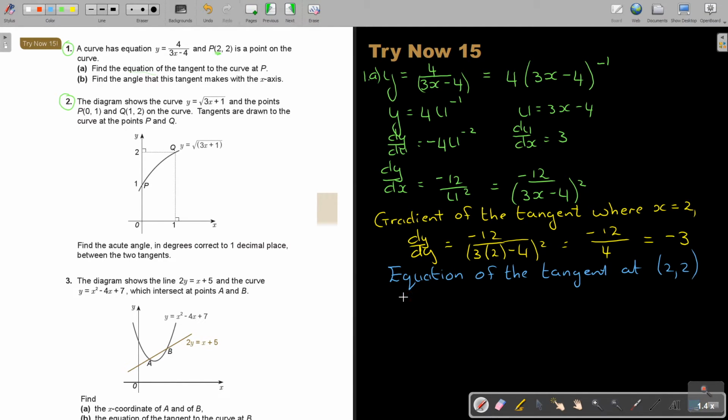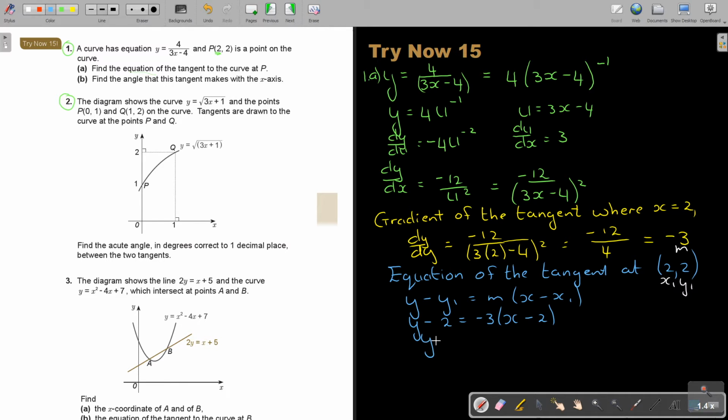Basically, use your formula: y minus y1 equals m(x minus x1). Let's write it down. This is x1, y1, and this is m. If I substitute it, y minus 2 is equal to m, I forgot to put m. m is negative 3, times (x minus 2).